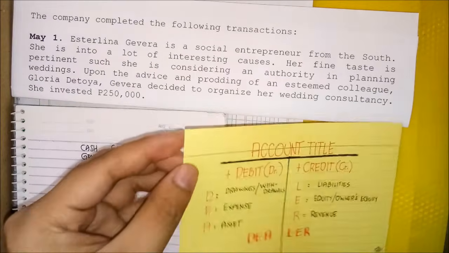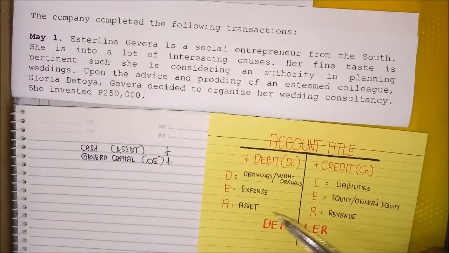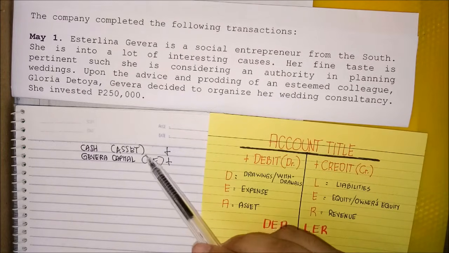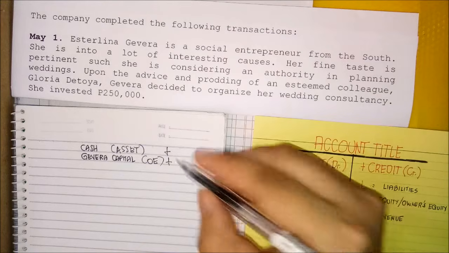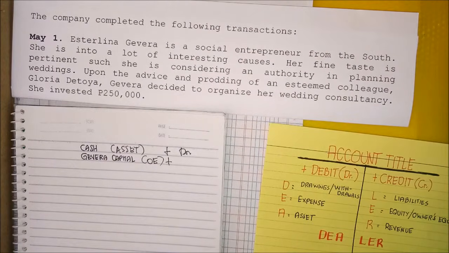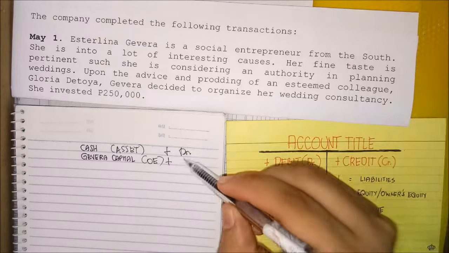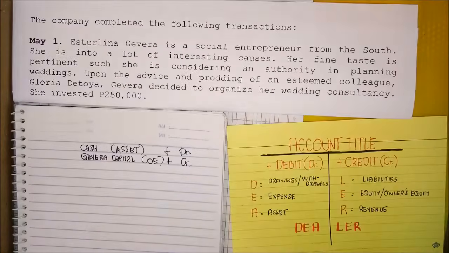Kapag nag-i-increase ang asset account, which is yung cash, sa debit. So, ang cash would be the debit. Ang Guevara Capital ay nag-increase, so ang equity ay nasa credit side. Siya yung E sa LER ng dealer. So, kapag nag-increase siya ay credit.